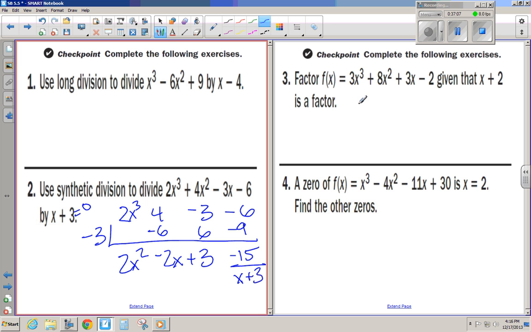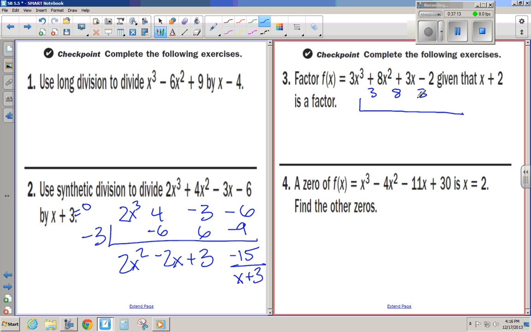All right, factor this given the 3, 8, 3, negative 2. You put the negative 2 out there, because what makes this equal to 0? And drop down the leading coefficient. Multiply, add, multiply, add, multiply, add.